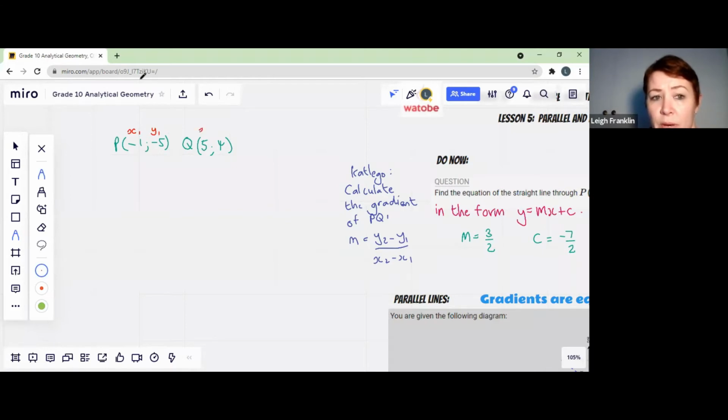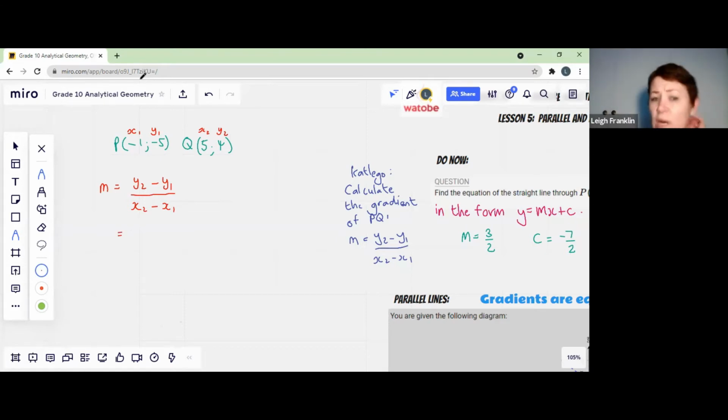You've got to make this one x2 and that one y2. That's your starting point, okay? You have to write that down and you have to learn that. The next thing you're going to do is write down your formula. And now substituting into your formula is going to be super easy because you've already labeled what goes where.